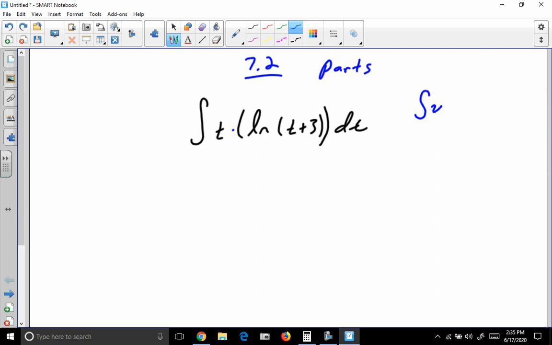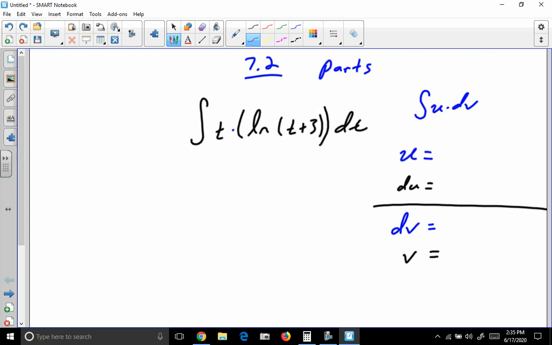So if we're looking at the integral of u dv, then we have to pick what part is u and what part is dv. Once we get u, then we're going to take the derivative of it to get du, and once we get dv, we're going to integrate it to get v. So the question is, what are we going to pick for which? Now on this one, we don't want to pick natural log to be part of dv.